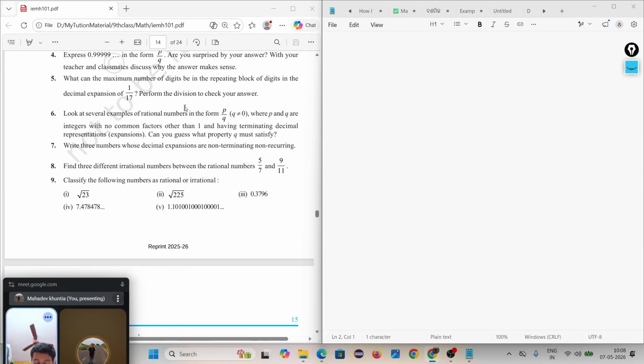So this question is saying, look at the several examples of a rational number in the form p upon q, where p and q are integers with no common factor other than 1 and having terminating decimal expansion. Can you guess what property q must satisfy?